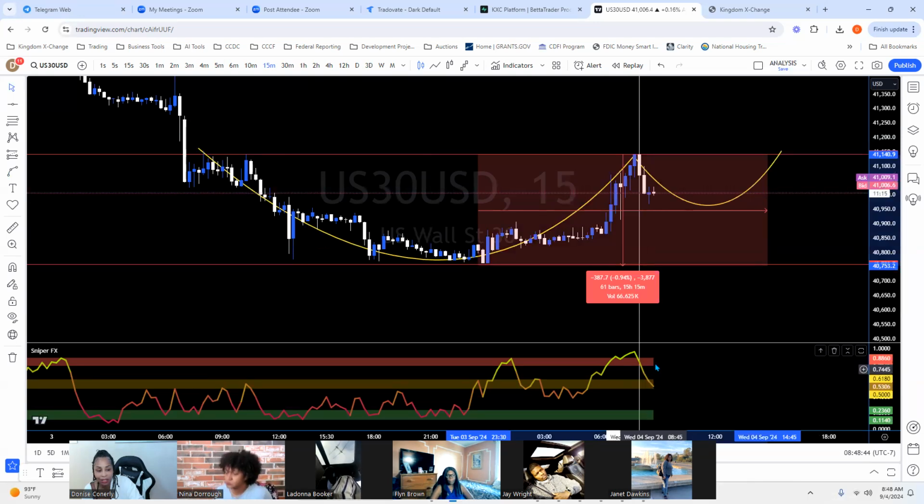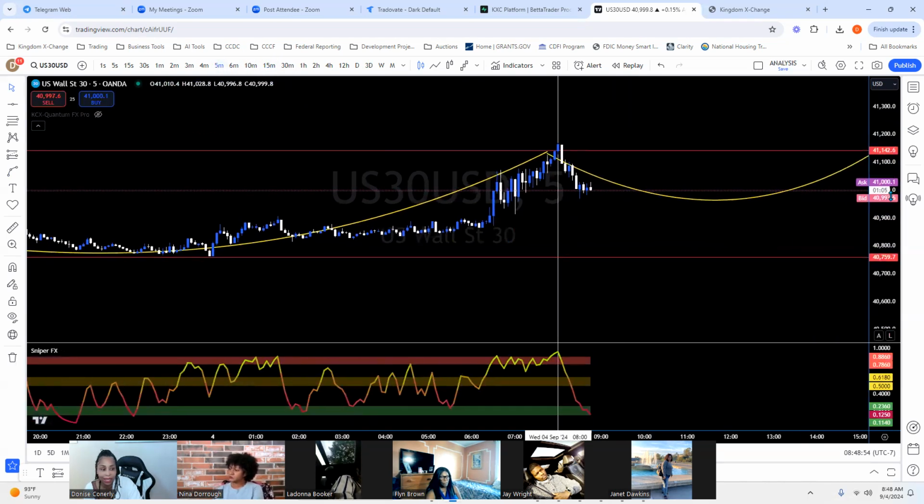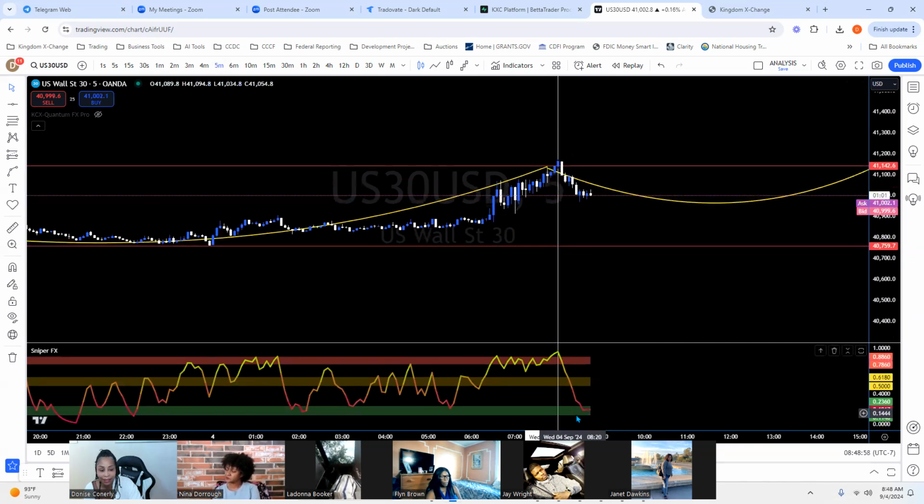If it's going to go back, you want it to go back into that area before you make a firm decision. The other thing you can do is continue down to a lower time frame and see where it's at on that lower time frame, right? Has it started to turn back up on that lower time frame? This is the 5-minute. I was on the 15. Is it continuing down?